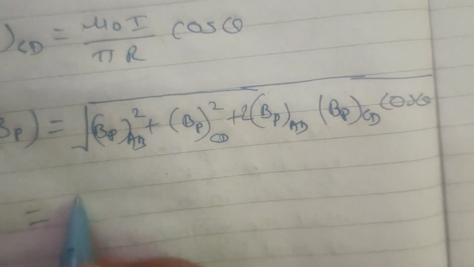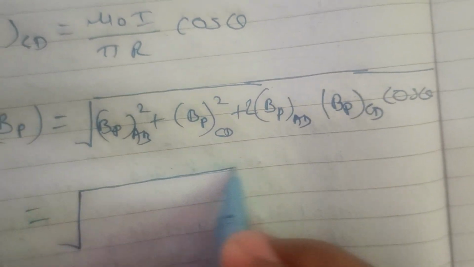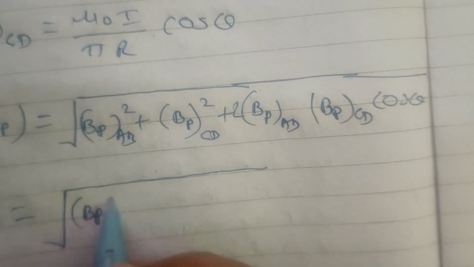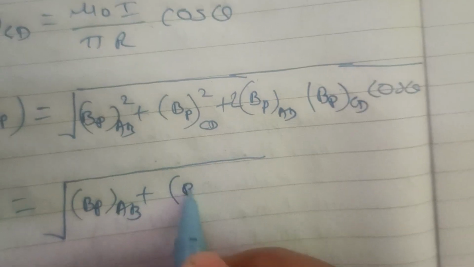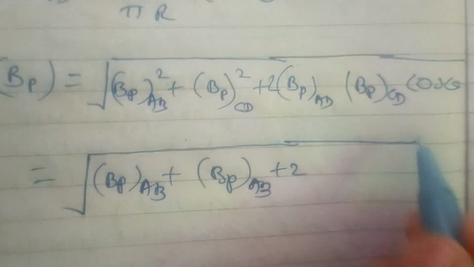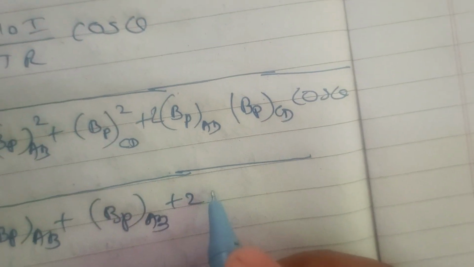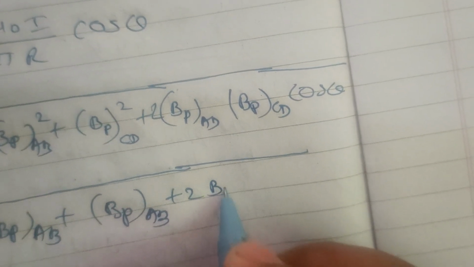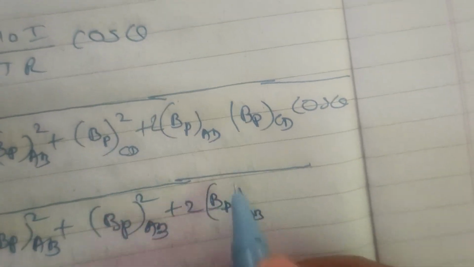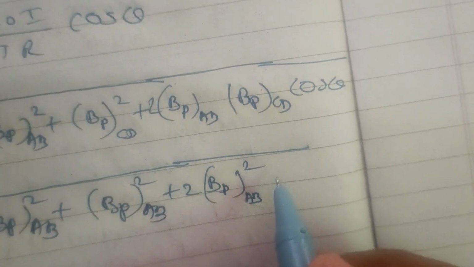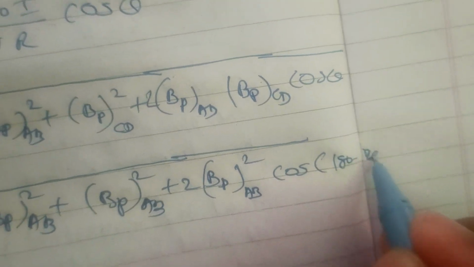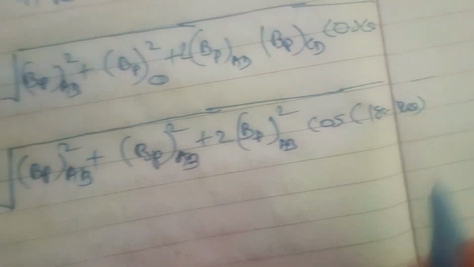Now this equals the square root of... since all these magnetic fields are equal, we write B_P due to AB squared, plus the magnetic field at P due to AB only in place of CD squared, plus 2 times B_P due to AB squared, and cos of the angle between them, 180 minus 2θ.